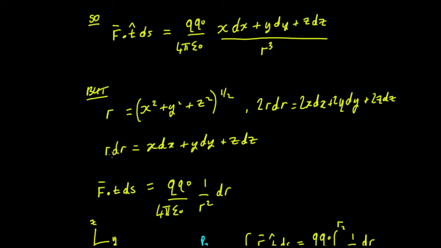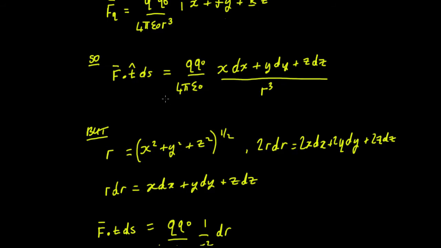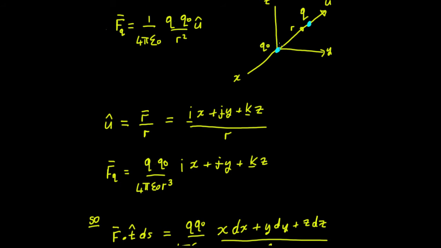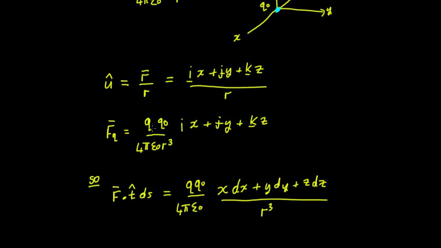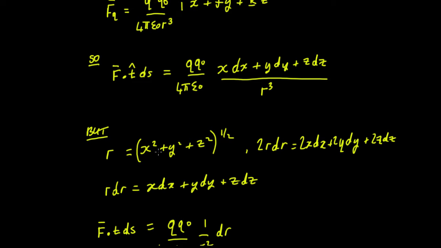A little trick employed here is that we can see that distance r is going to be x squared plus y squared plus z squared, to the power of a half. Then we can look at the differential form of this, differentiating with respect to r and x, y and z.